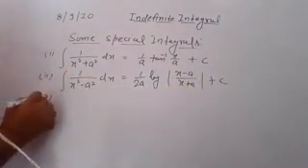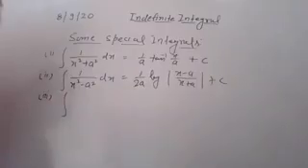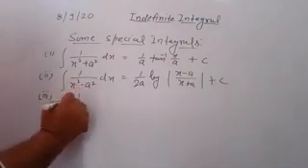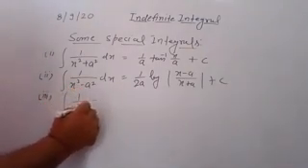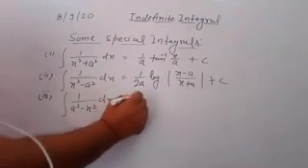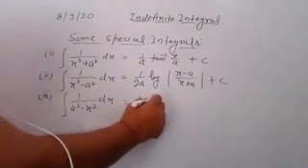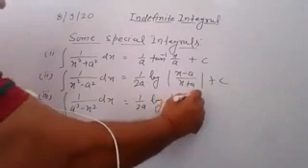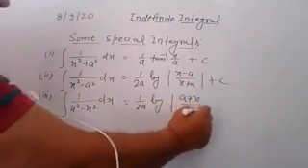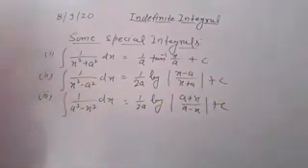Third one: integration of 1 upon a square minus x square dx is equal to 1 upon 2a log of a plus x upon a minus x, plus c.